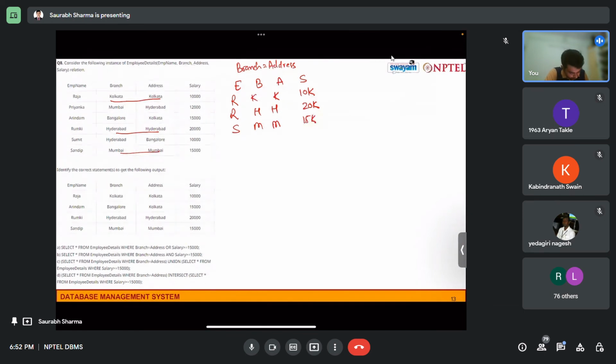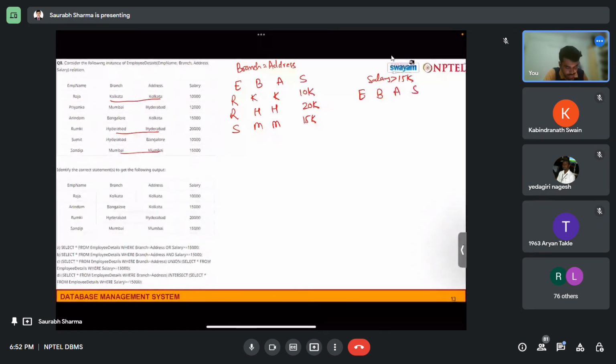Then in the second condition, salary should be greater or equal to 15K. Now let's retrieve the tuples. This, and this.